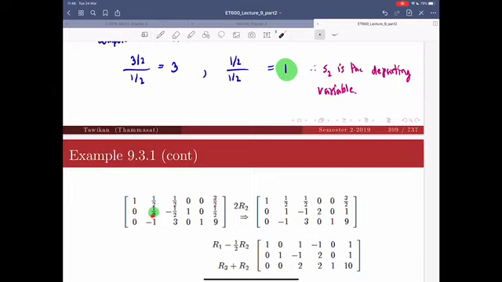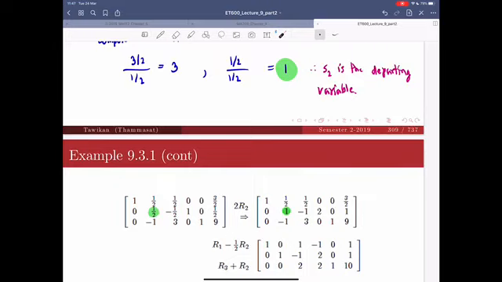To make life easy, I multiply the second row by 2 just to get a leading one in that spot. So this is again my pivot number. After I've got the pivot number, I use it to get rid of everything else in that column, the column that contains the coefficients of variable y2. To get rid of this entry, I perform R1 minus 1/2 R2. To get rid of this one, I add R3 with R2 and put the changes in R3.